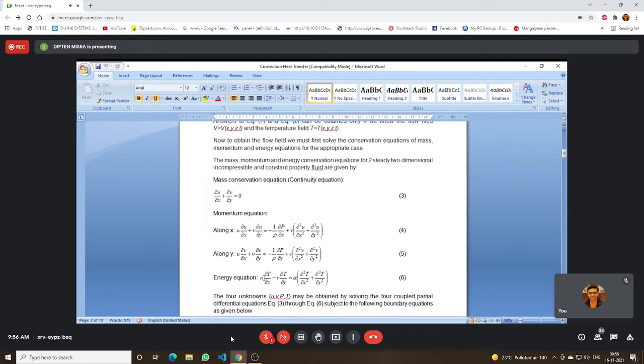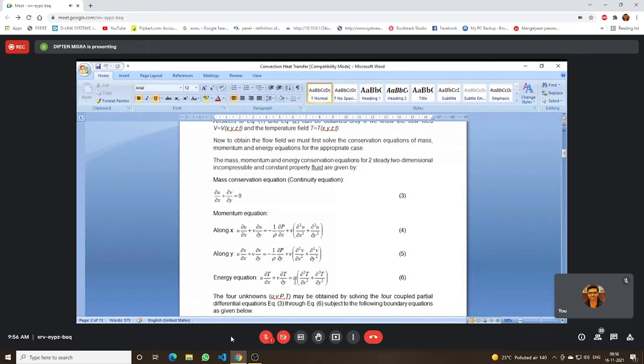This equation also contains unknowns like u, the x velocity component, and v, the y direction velocity component. So even if we are interested only to solve for T, we have to also solve how u varies with x and y and how v varies with x and y. Then only you will be able to solve this.